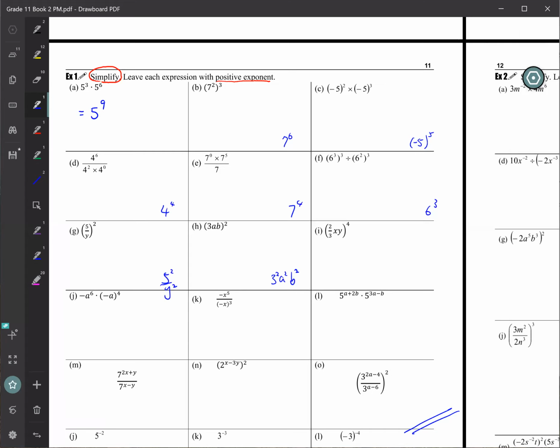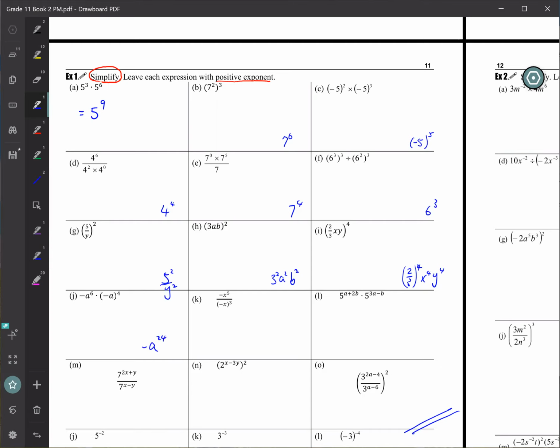And Ivy, next one. 2 over 3 to the fourth power, x to the 4, y to the 4. All right. And then J, Jenny. I got negative a to the power of 24. Okay.